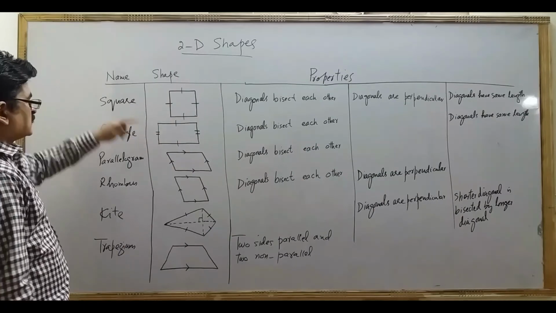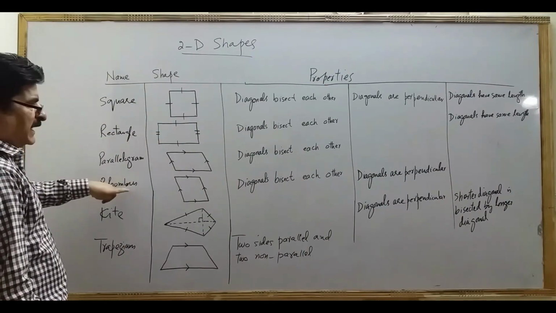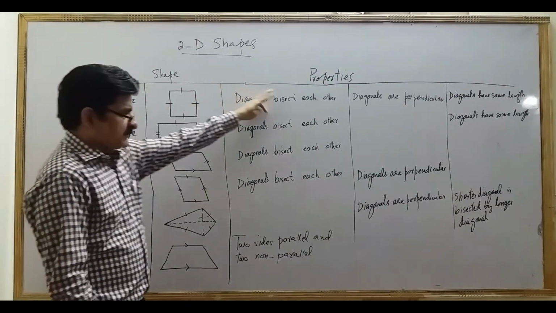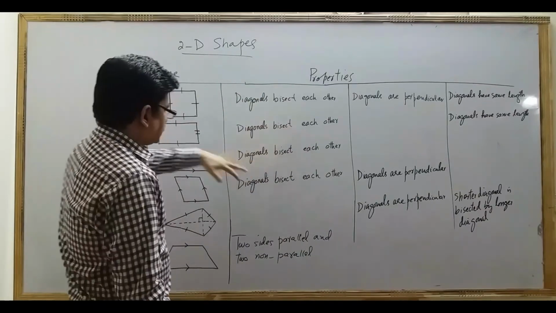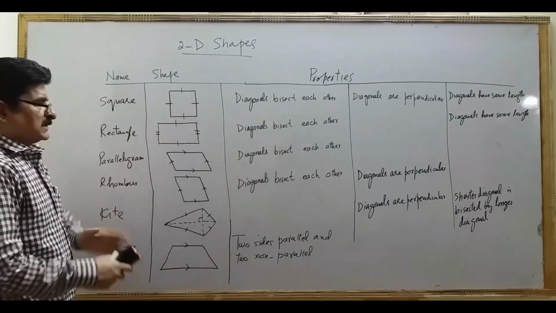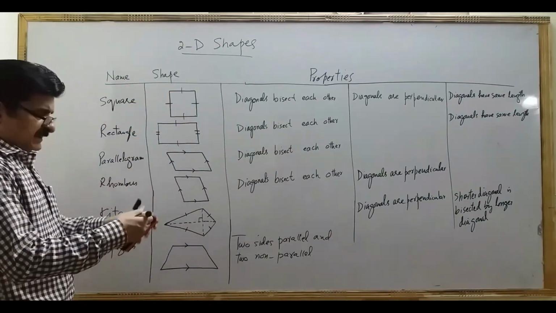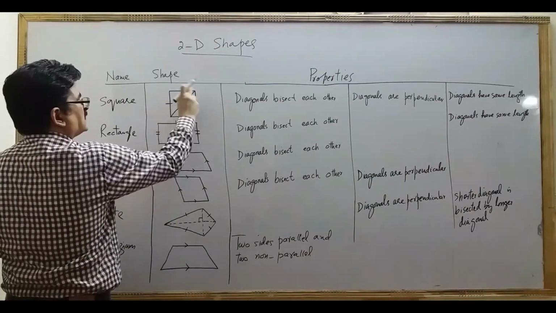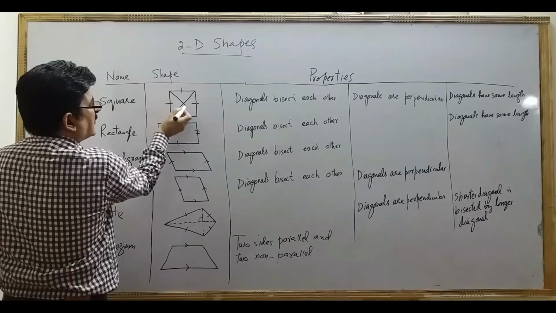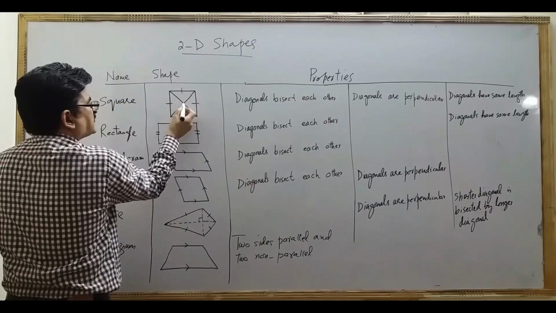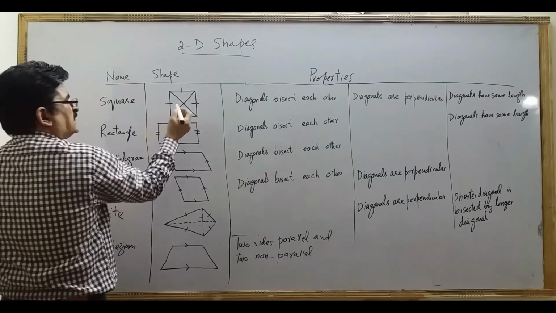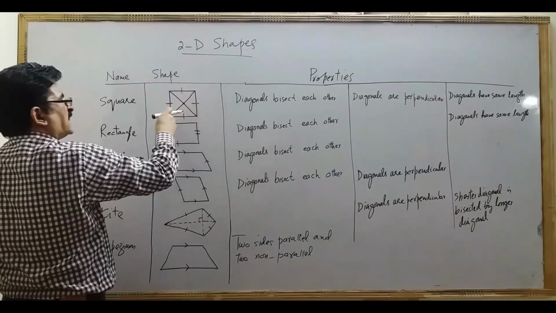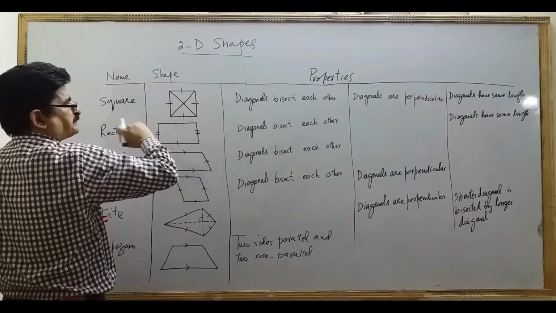These four figures, square, rectangle, parallelogram and rhombus, have common property. In each of these four diagrams, diagonals bisect each other. It means that if these are the diagonals, these are the sides, these are the diagonals. So diagonals bisect each other means this is the midpoint of this diagonal as well as this diagonal.